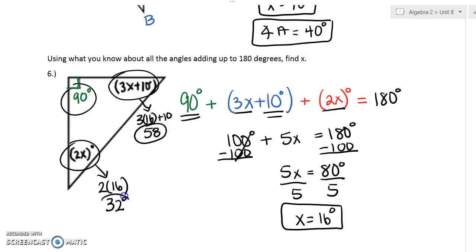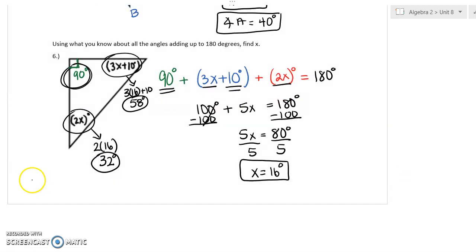If 58 plus 32 plus 90 add up to 180 degrees, then I know I did my math correctly. So I'm going to just check. 32 degrees plus 58 degrees plus 90 degrees. Does that equal 180 degrees? Well, let's type it in. 32 plus 58 plus 90. Yes, it does. So I verified my work through what I know about the concept of triangles and their angles.